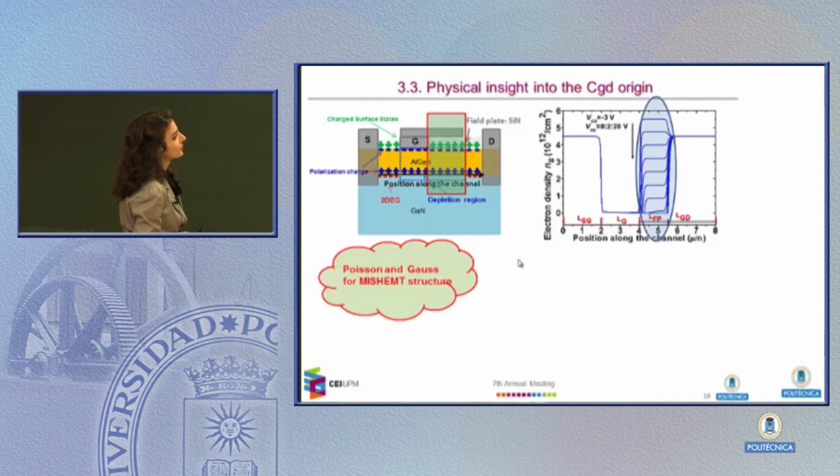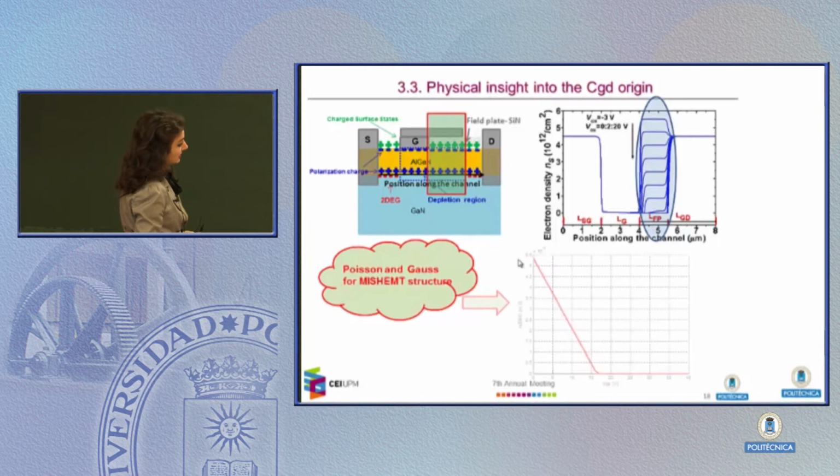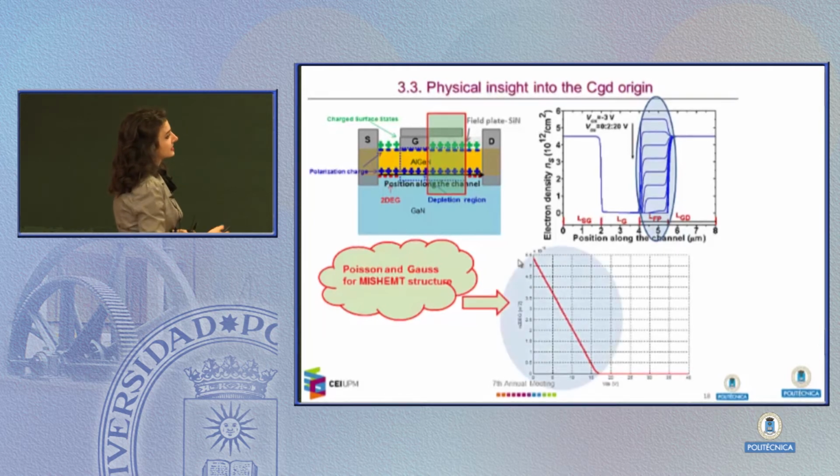We just applied it to the MISHEMT structure here. Since we are changing the drain to source voltage and the gate to source is constant, we obtained the 2D gas depletion model dependence on the applied voltage. And this is what we obtained. It has a really good correspondence regarding the voltage VDS when this 2D gas fully depletes. It is around 16 volts.